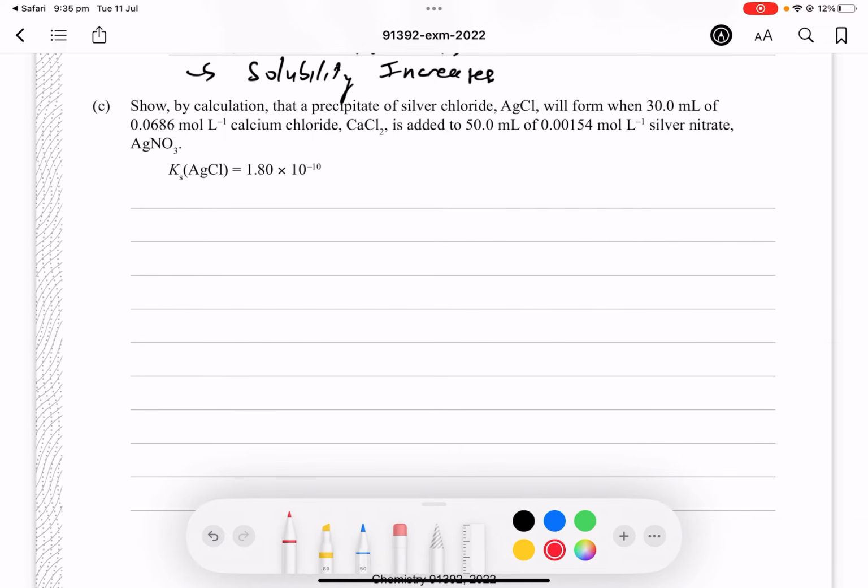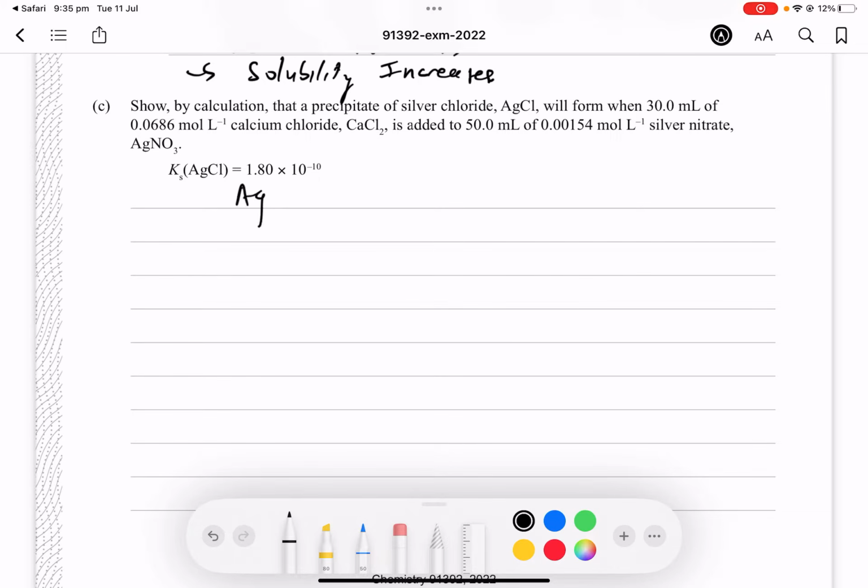Cool. Let's look at question C. We want to show by calculation that a precipitate of silver chloride, AgCl, will be forming when 30 milliliters of 0.0686 mole per liter calcium chloride, CaCl2, is added to 50 milliliters of 0.00154 mole per liter silver nitrate, AgNO3. For these questions, I always like to write out the equation for the dissociation of the solid in water.